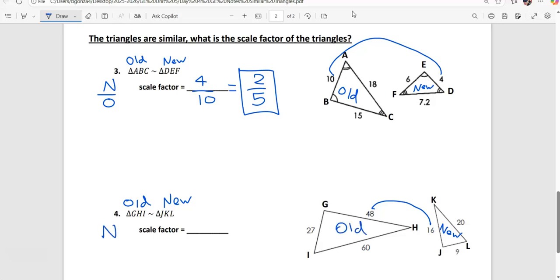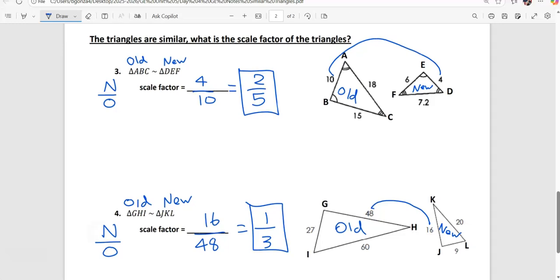And again, we do new over old. 16 over 48. Was that 1/3? Yep. 1/3 is my scale factor. Okay. To go from this bigger one to this smaller one, it has to be a scale factor less than 1, and that's what it is. Cool? That's it.